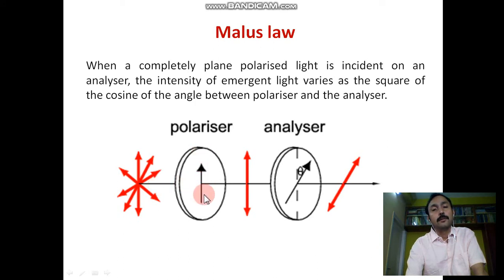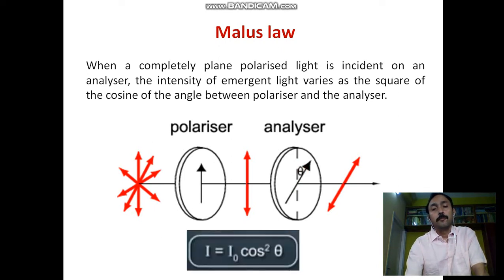This is the axis of the polarizer, and this is the plane of linearly polarized light. Now after passing through the analyzer, this is the axis of the analyzer, at an angle theta with the axis of the polarizer. So Malus law states that the intensity is I equal to I naught cos squared theta, where I naught is the intensity of the incident radiation.